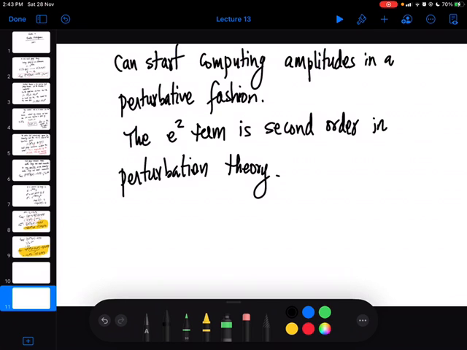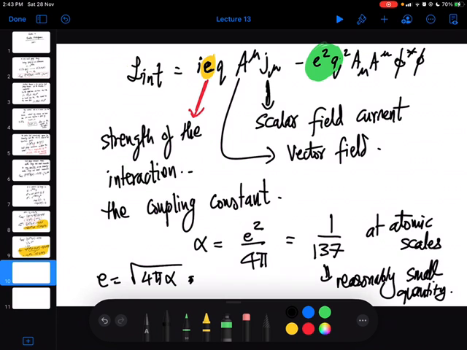So at the leading order you can neglect any interactions coming from e square, because we are only worried about the leading order if you want to deal with it in perturbation theory. So you can neglect the second term and only work with the first term and see how the various cross sections will appear, meaning how you can estimate how various cross sections appear.